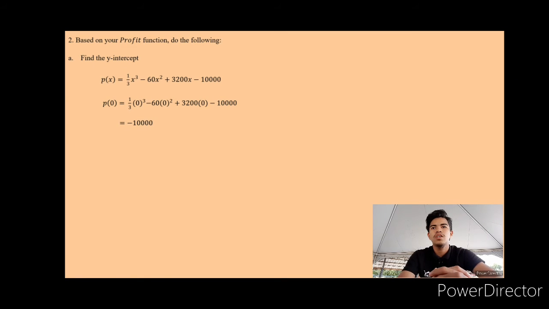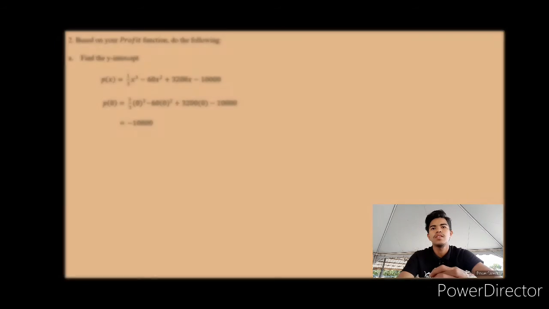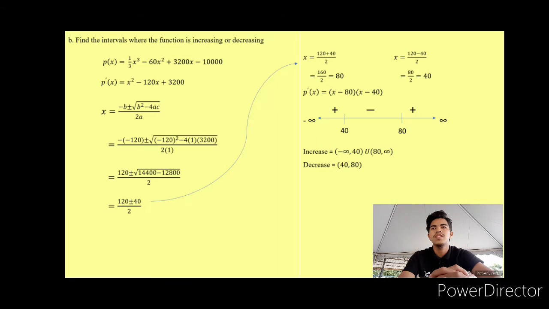For question 2, based on your profit function, we need to find the y-intercept. To get the y-intercept, we must replace x with 0, that we can get minus 10,000. Next, for question B, find the intervals where the function is increasing or decreasing.